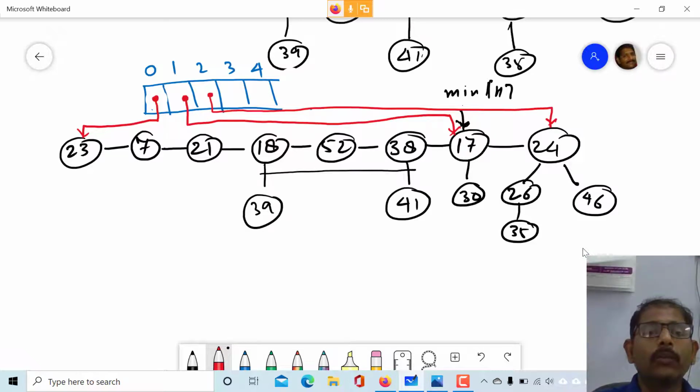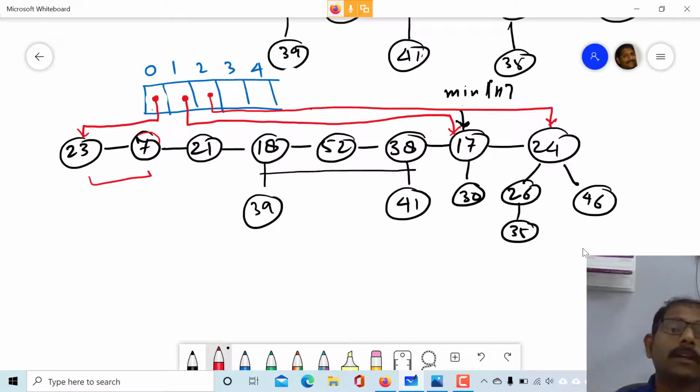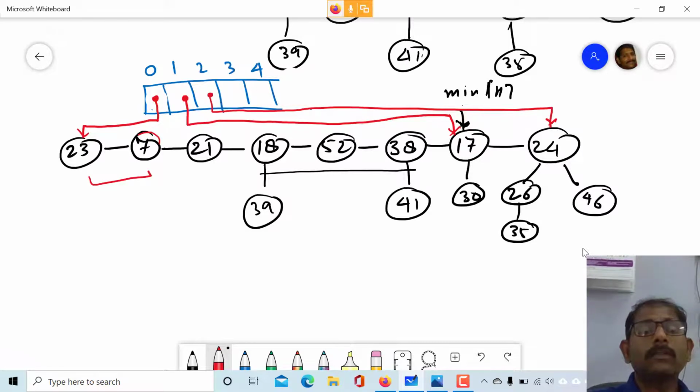Now you will come to the next node, that means 7. 7 has the degree 0, and 0 is already occupied here, so there is a problem. 7 and 23 will have contention with each other over which will have the 0 field occupied.